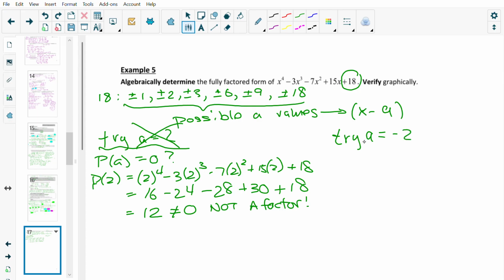Let's try a equals negative 2. So we're looking for the condition, does P of a equal 0? So P of negative 2.